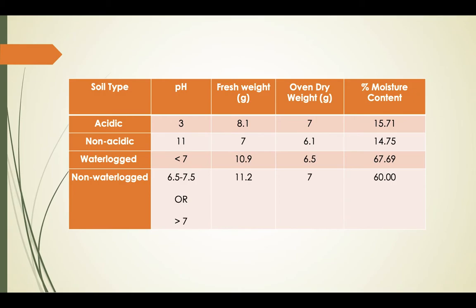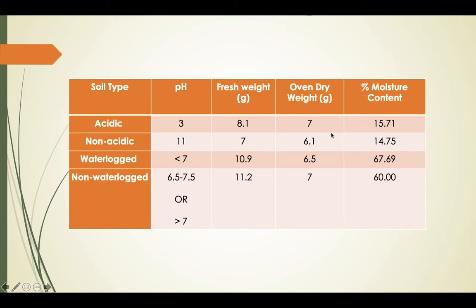So for waterlogged, we may expect that the pH is below 7. Any value that's below 7 can be acceptable. For non-waterlogged naman, the neutral value 6.5 to 7.5, or the basic greater than 7 is also acceptable.